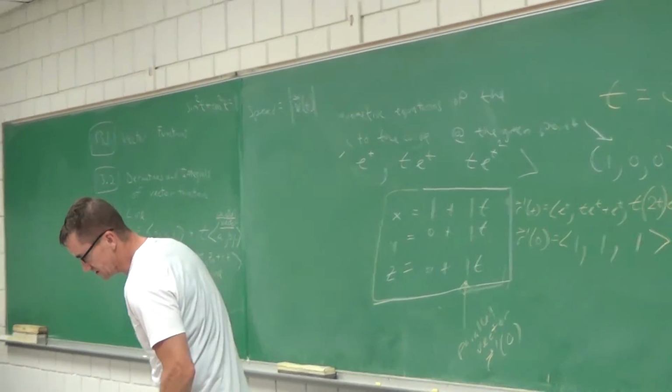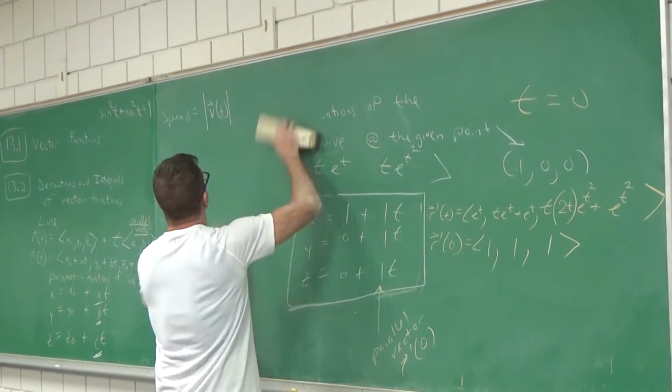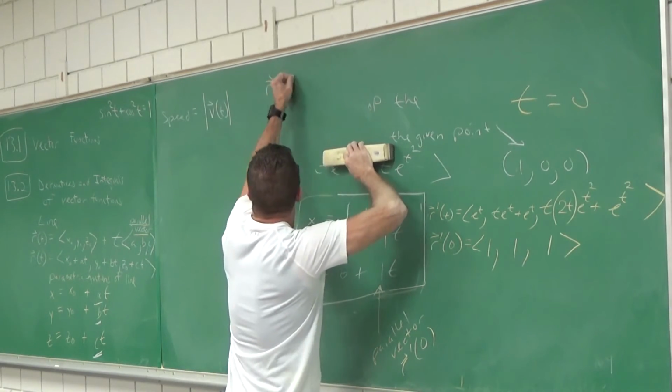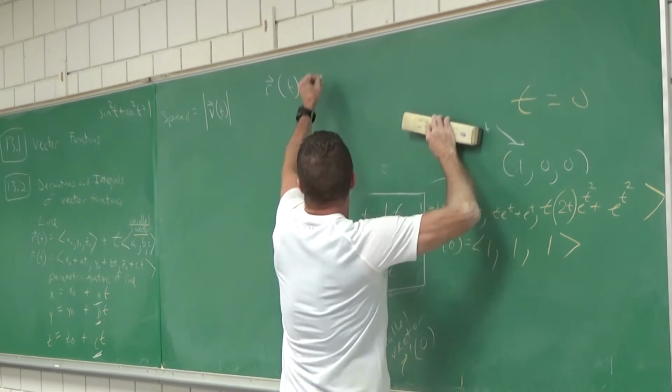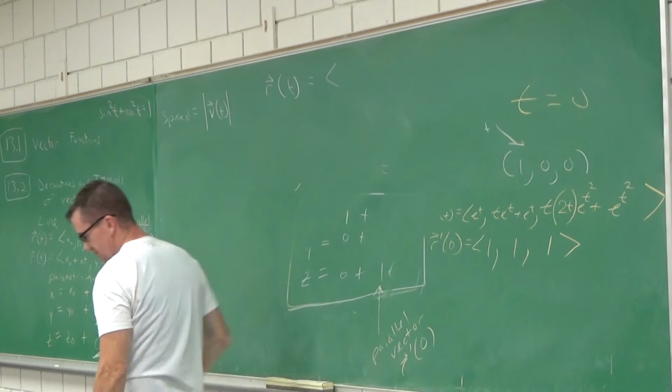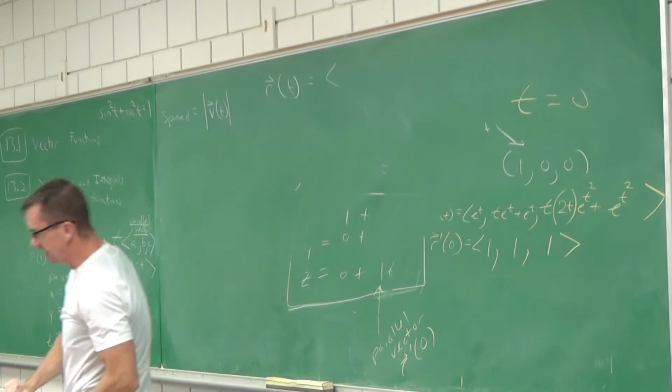So try this. This is the position of some particle, and it equals e to the 6t, comma, e to the t minus 1.